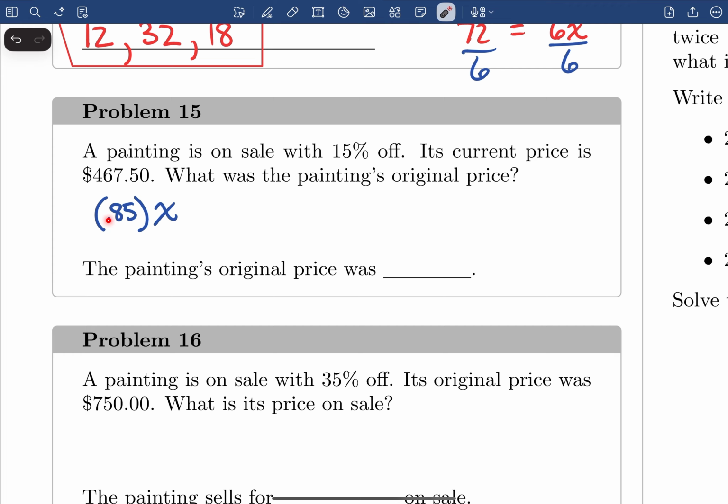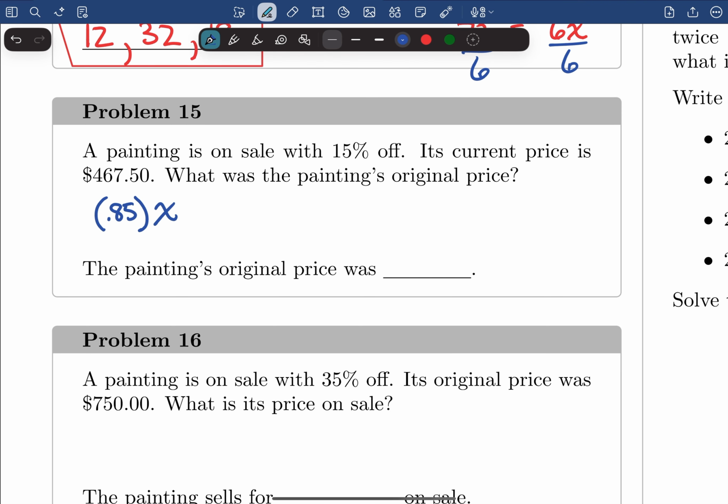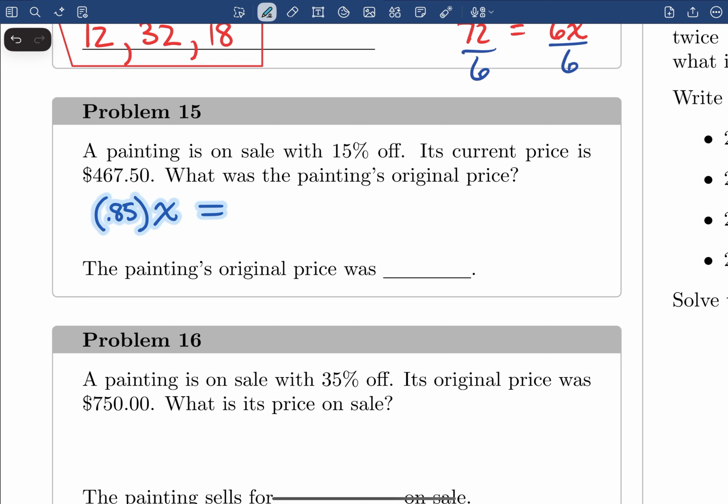All right? Let me say that again. 100% is its full value or original price. And if we subtract off 15% from 100%, we now have 85%. Okay? And I know if I take 0.85 and multiply it with x, well, that would give me the sale price, which is $467.50.